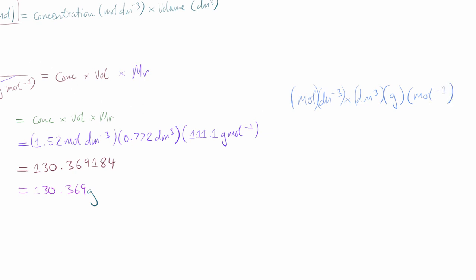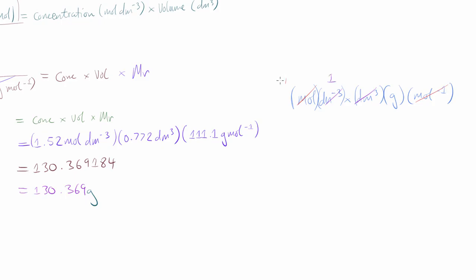If we first look at the moles, mole to minus 1 multiplied by moles cancels out to 1. Then dm to the minus 3 multiplied by dm to the 3 evidently also cancels out to 1.